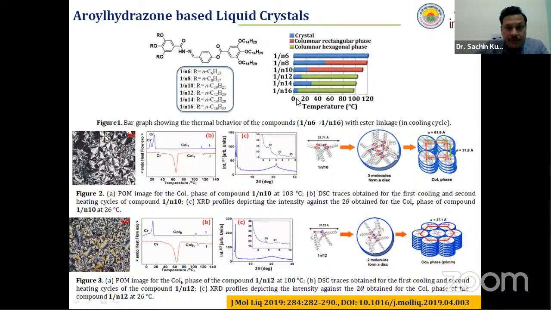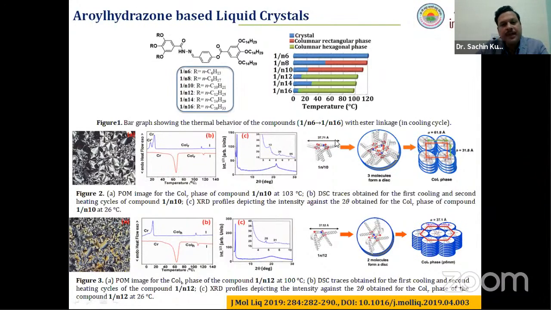So that is the beauty of this type of core: these are crystalline in nature when there is no linking group and no variation in the alkoxy chain length, but there is phase modulation, or switching of phase, from one carbon chain length to another. You are even getting room temperature liquid crystals, which are discotic and columnar liquid crystal materials. And it is verified by polarizing optical microscopic studies, DSC studies, which show that it is room temperature, and X-ray diffraction studies.